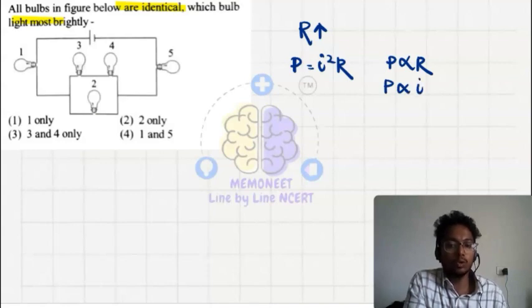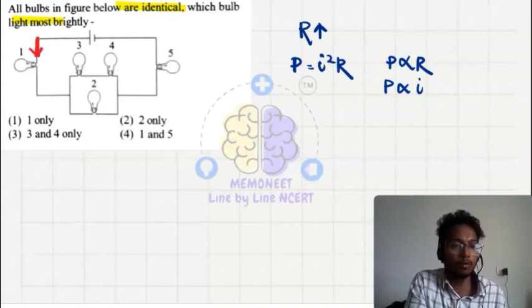When we talk about this figure, you can see in bulb 1, when the current starts, it gets the maximum current, and when it reaches here the current divides, and again the current is in free flow after emerging from bulbs 3, 4 and the second bulb.